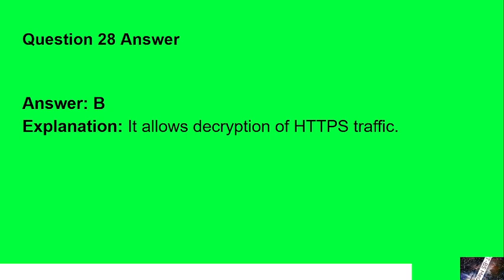So what happens is that with the Burp Suite CA certificate, Burp will use the CA to create and sign a transport layer security certificate for each host that the proxy intercepts.